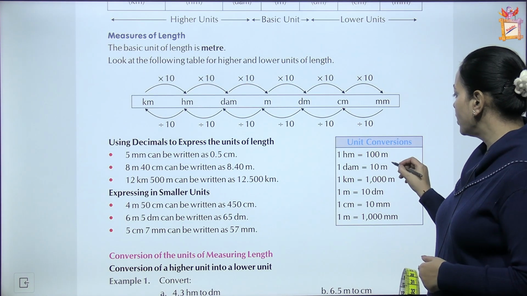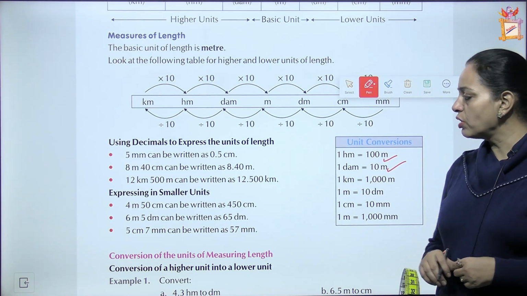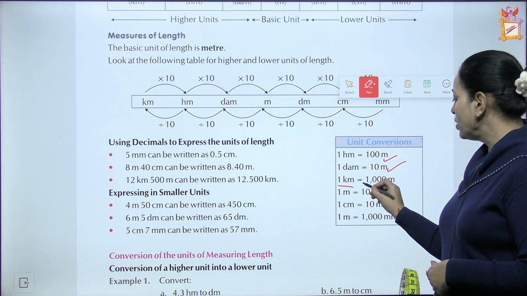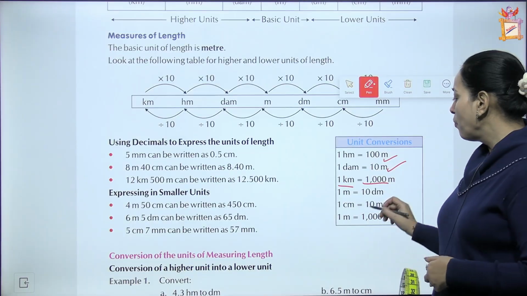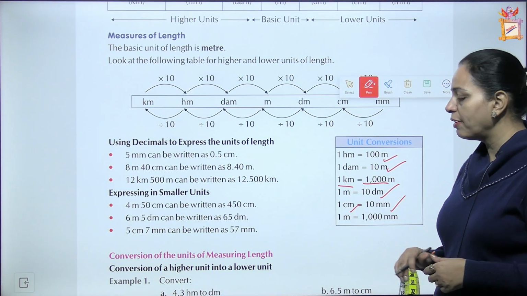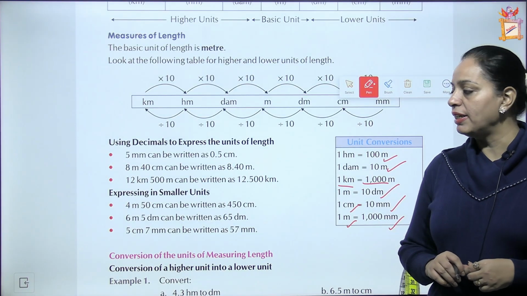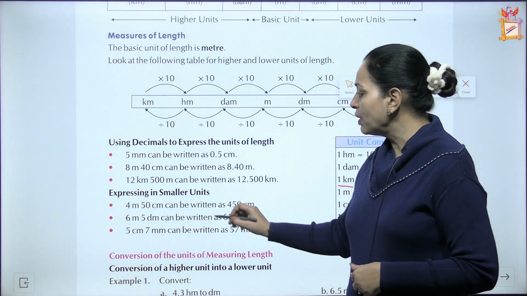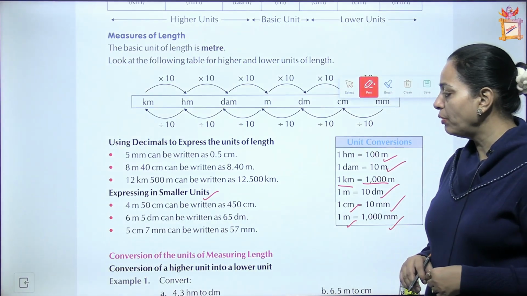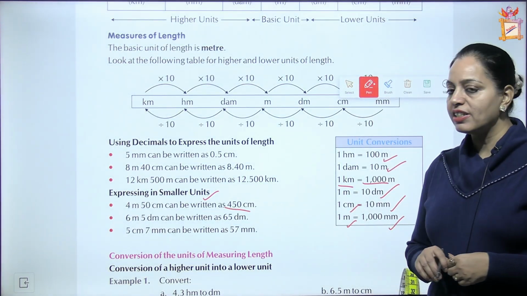Now unit conversions. 1 hectometer equals to 100 meter, 1 decameter equals to 10 meter, 1 kilometer 1000 meter, 1 meter 10 decimeter, 1 centimeter 10 millimeter, and 1 meter 1000 millimeter. So now expressing in smaller units, like 4 meter 50 centimeter, how can we convert into centimeter?